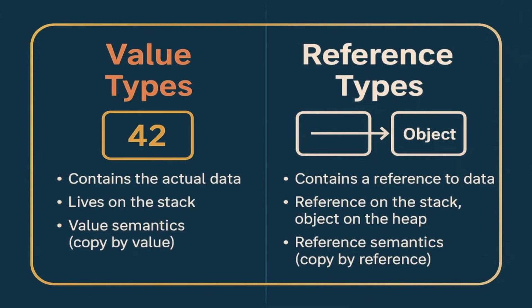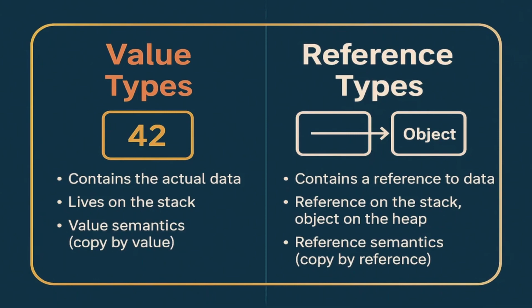As the name suggests, a value type directly contains its data. Think of it like a physical box holding a specific number, a character, or a true-false statement. When you declare a value type variable, its memory location is where the actual value is stored.